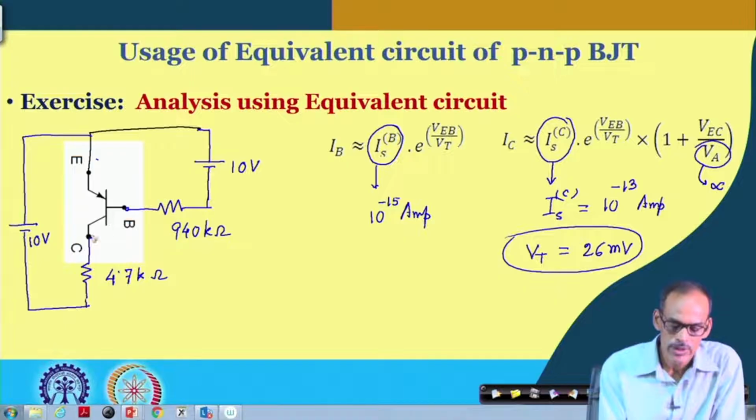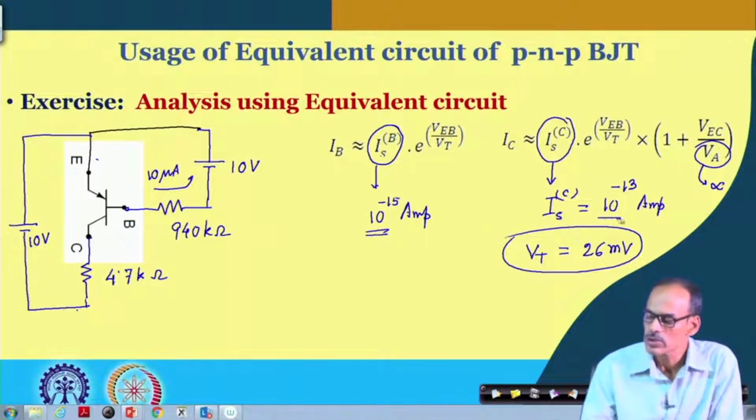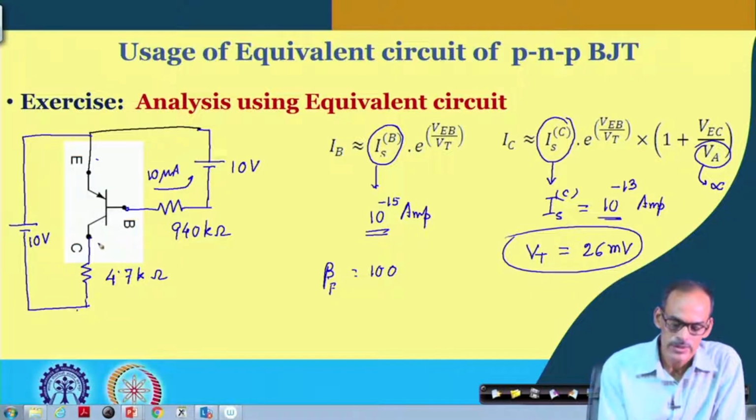The voltage coming here will be whatever voltage you have, plus this IR drop. The base current is 10 microampere, and if I take the ratio of these two, the beta is equal to 100. So, that gives us the corresponding collector current of approximately 1 milliampere. So, the drop across this one is 4.7.